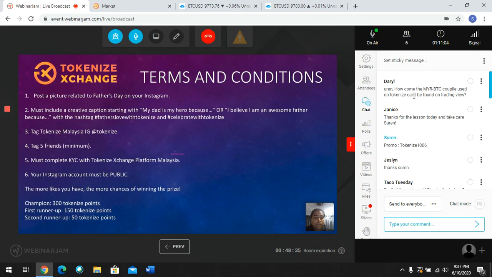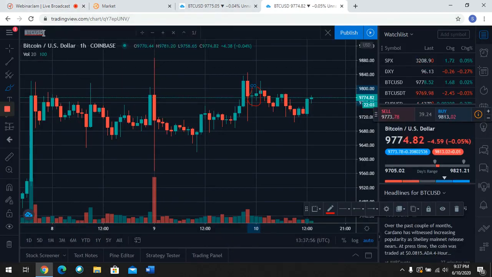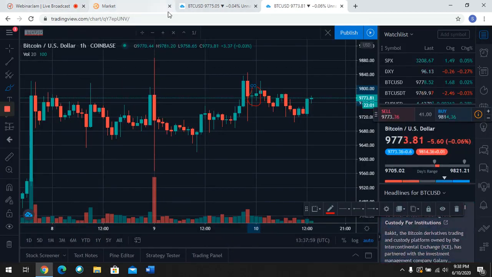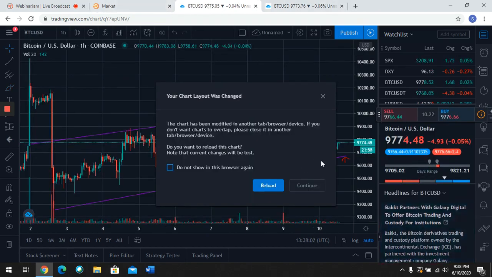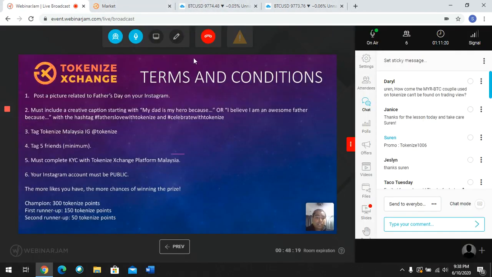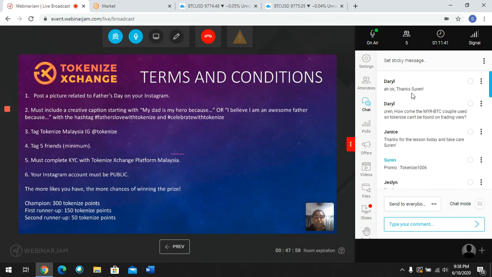This is because TradingView only recognizes US dollar, which is the Coinbase. We don't have anything on MYR. So basically TradingView is just on a benchmark of US dollar, Daryl. I know it's a bit hard for you to draw your patterns and get resistance and support on US dollar, and converting it may be different, but it's a benchmark for us to see how the price moves in US dollar.